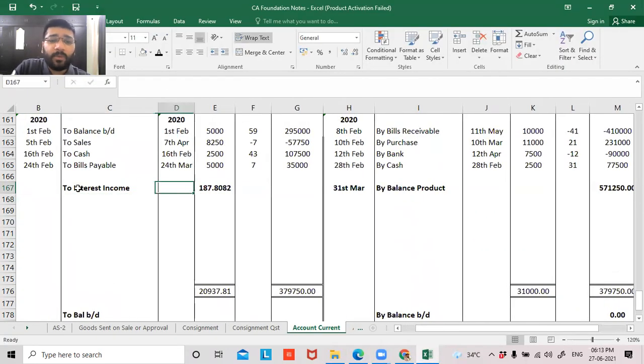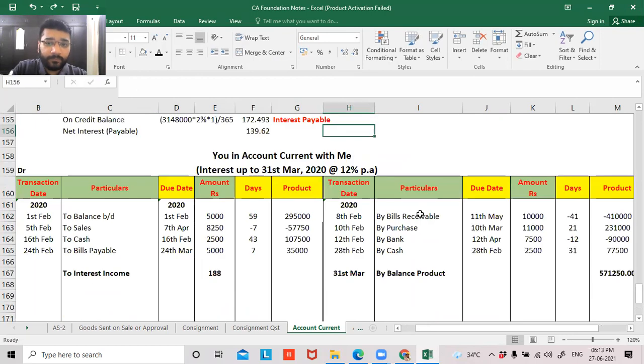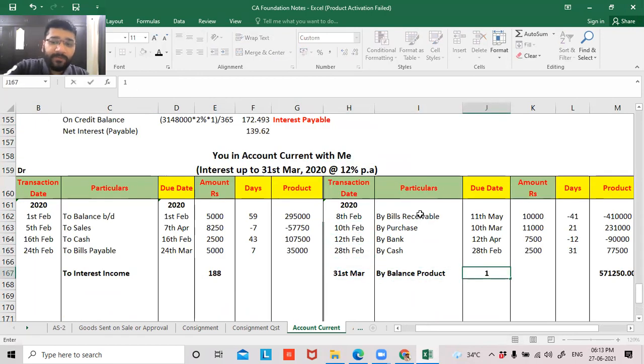Can I round off to the next number, 188? This is my first finding.